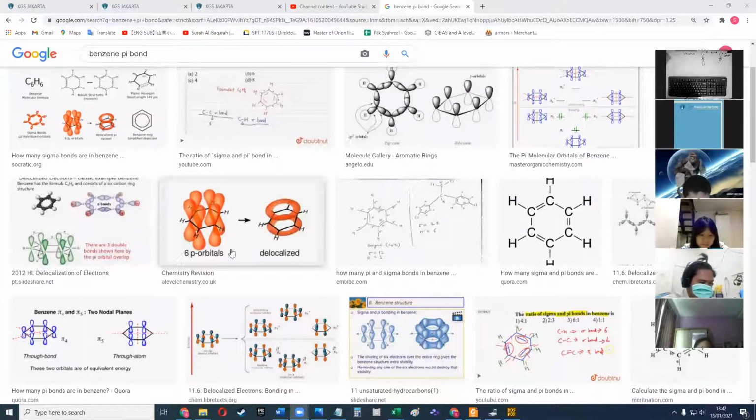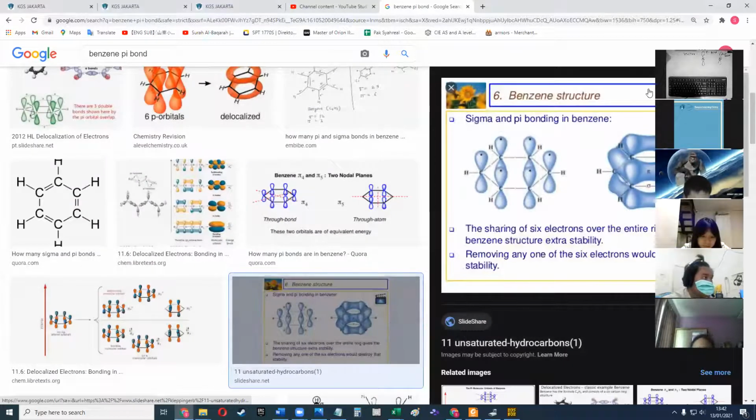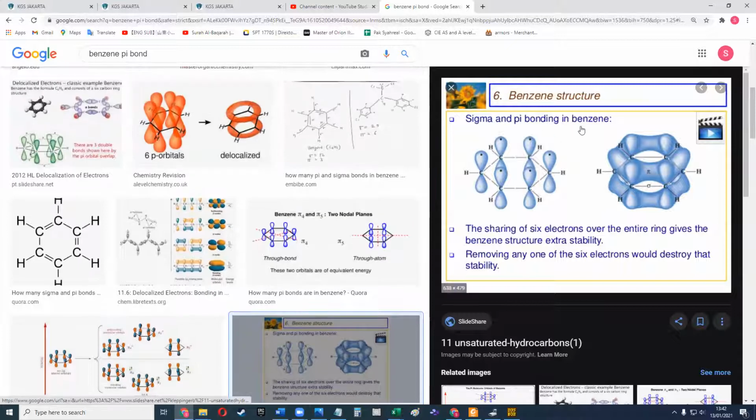be exactly planar. This is a better diagram, I think. The 6 of them are going to merge together, so there will be some binding in between them. This is a truer representation than the donut.